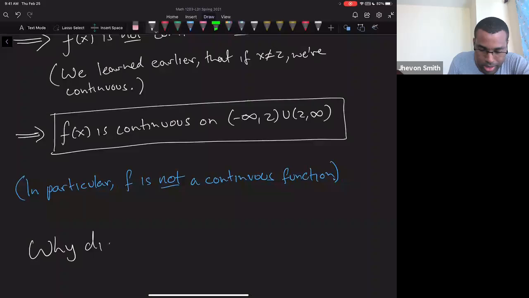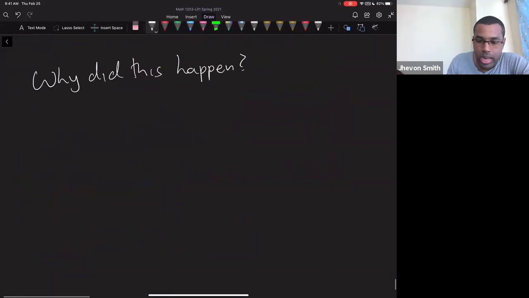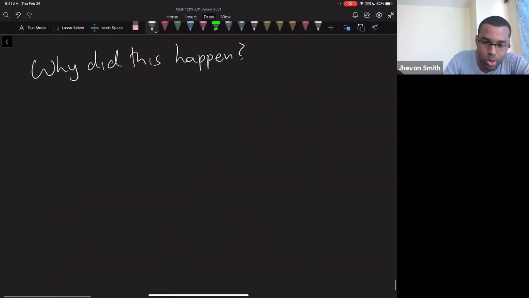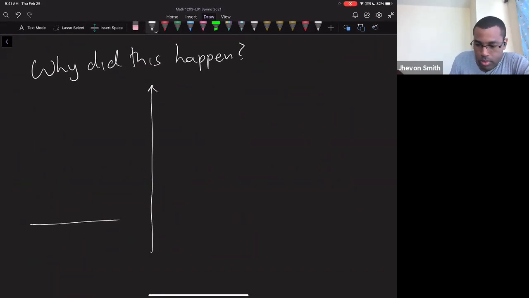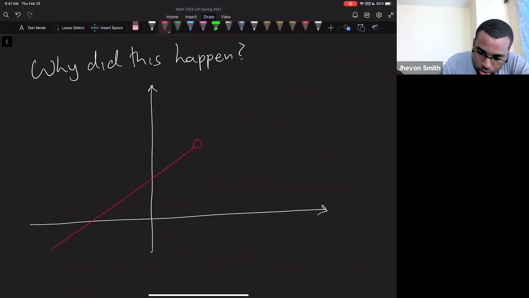Well, we actually know how to sketch this guy. We actually did it a few classes ago, quite a while ago. We know what this guy looks like, right? He actually looks like a straight line, except when passing through x equals 2.